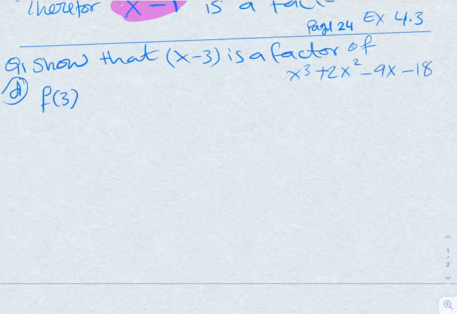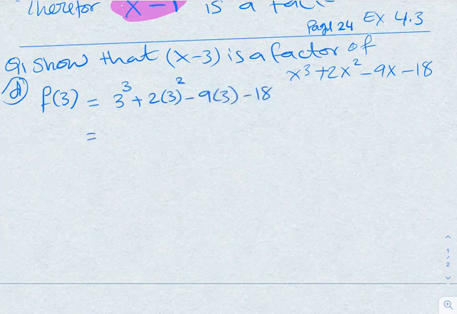So I will substitute f of 3 in this term. So f of 3 equals 3 cubed plus 2 times 3 squared, which is 9, minus 9 times 3 minus 18. So 3 cubed, it's 3 times 3 times 3, which is 27. Help me with your calculator, please.